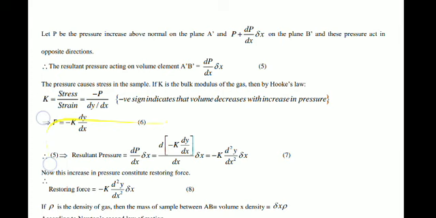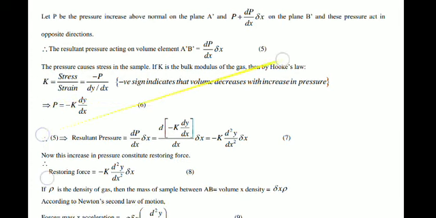So P will get cancelled, dP by dx into delta x. Okay. So if we have the resultant pressure, the pressure causes stress in the sample, because force per unit area is nothing but the stress, and force per unit area is also the pressure. Therefore this pressure causes the stress.